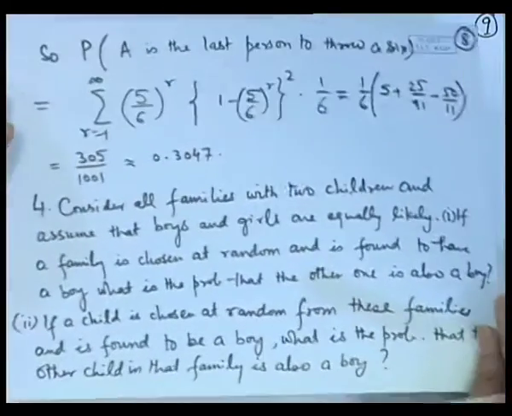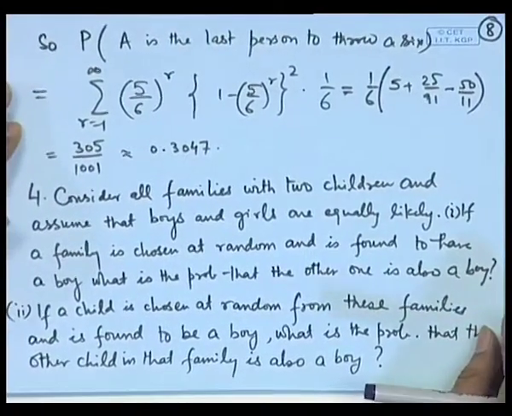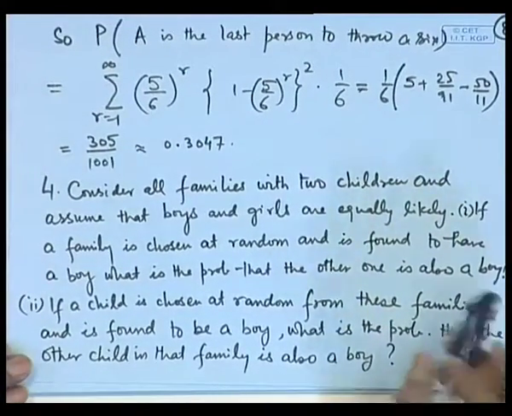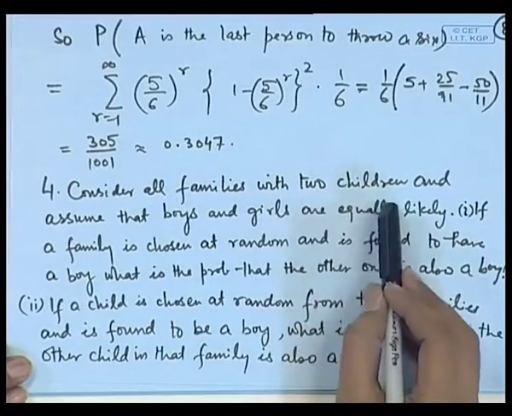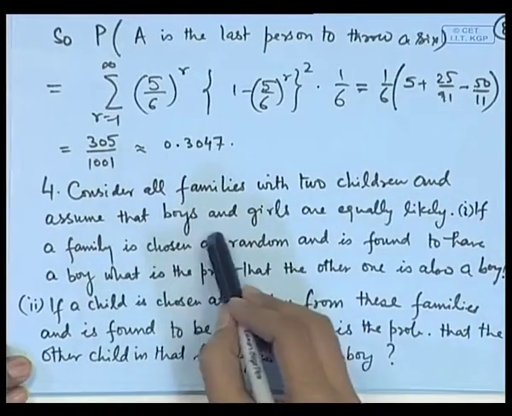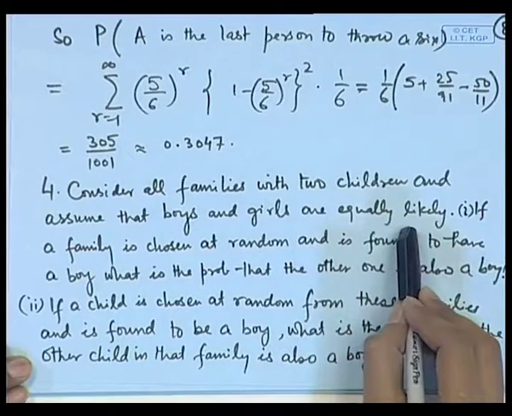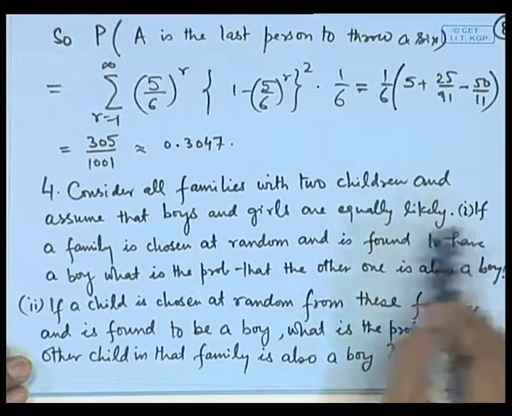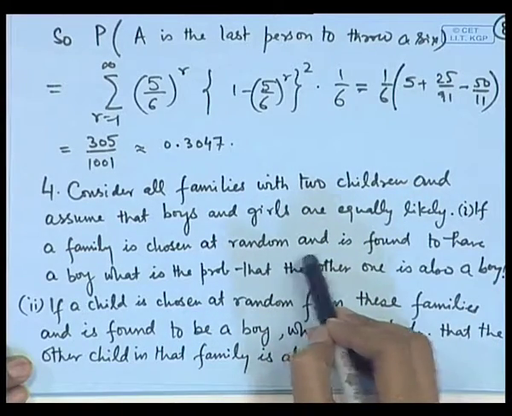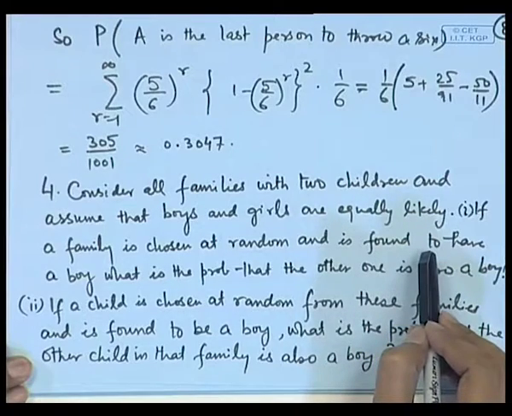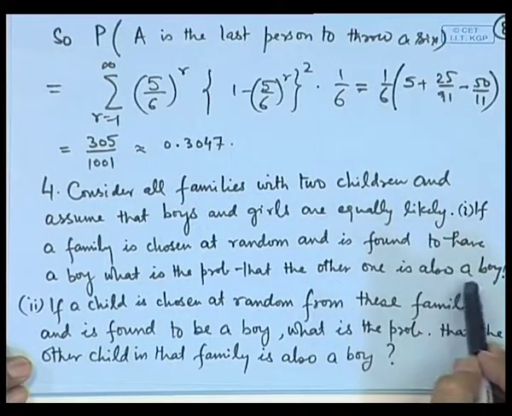Let us look at some applications of conditional probability now. Consider all families with 2 children and assume that boys and girls are equally likely. If a family is chosen at random and is found to have a boy, what is the probability that the other one is also a boy? This is one part of the problem.